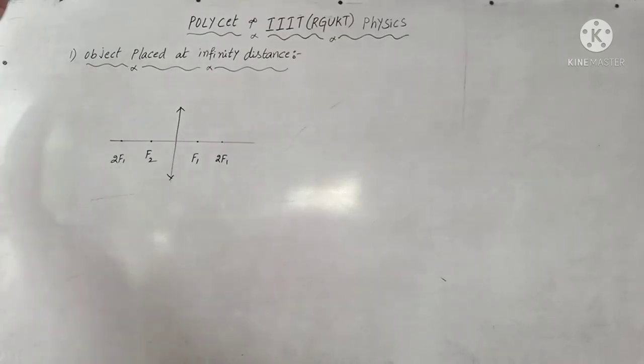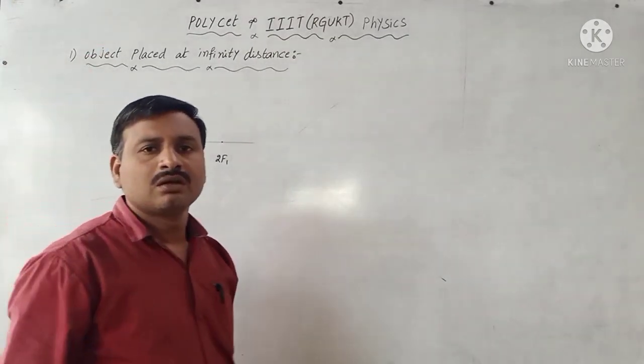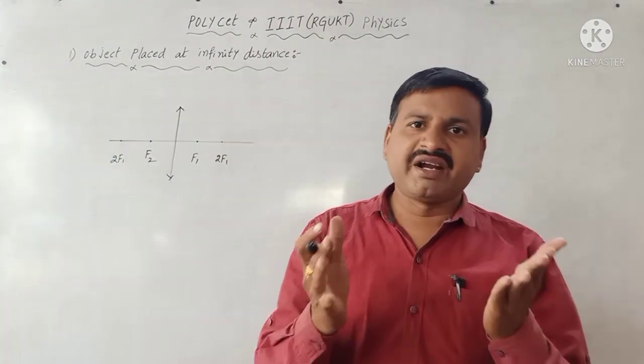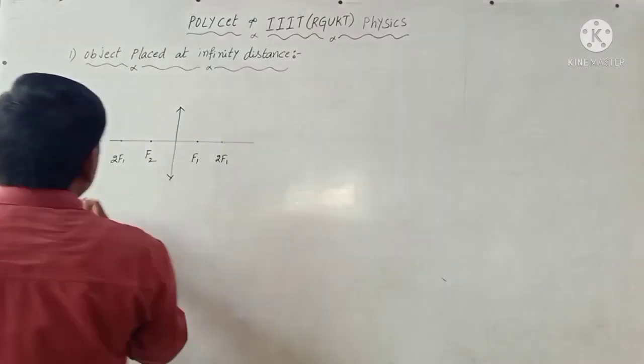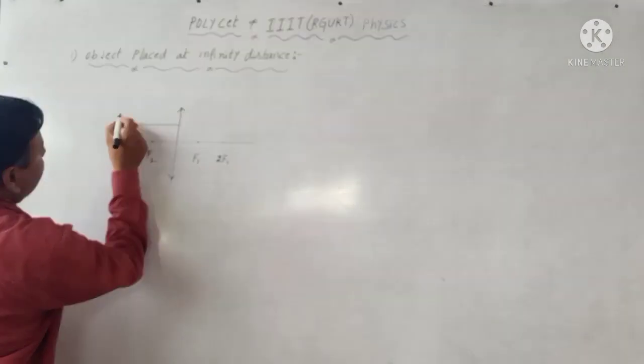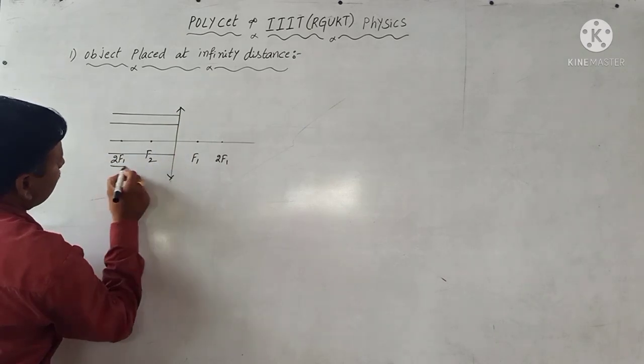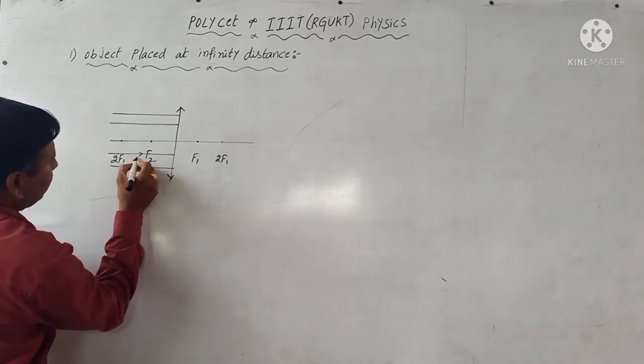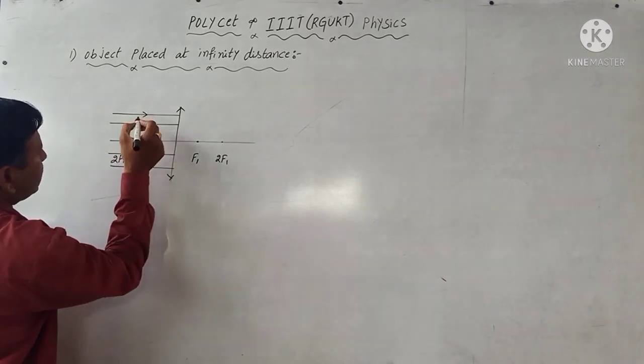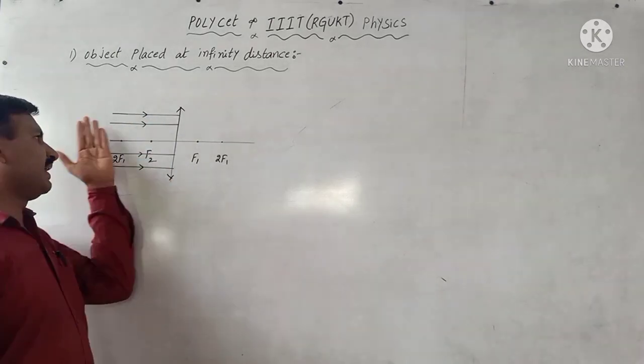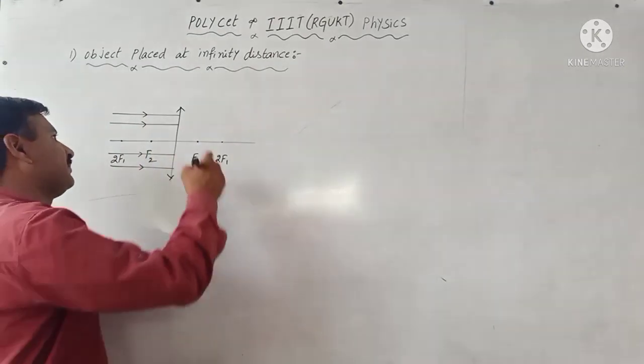Object placed at infinity distance, image formed at. Here four light rays are taken. The light rays' traveling direction is shown here. The light rays pass parallel to the principal axis.